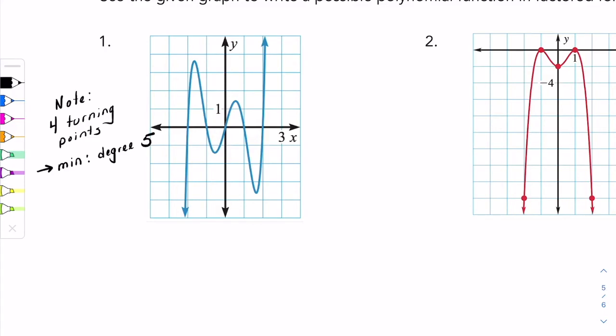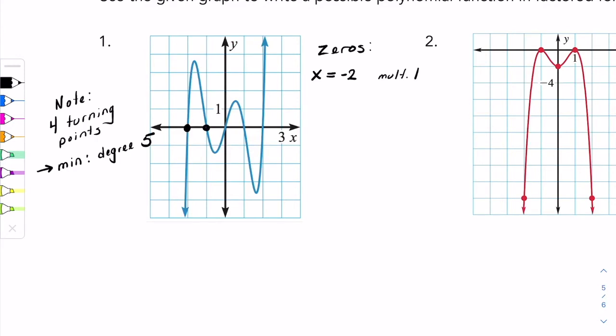I'm also going to make a note of the zeros. We have a 0 right here at negative 2. If the 0 is at negative 2 and it crosses through the graph, that tells us that the multiplicity would be 1.